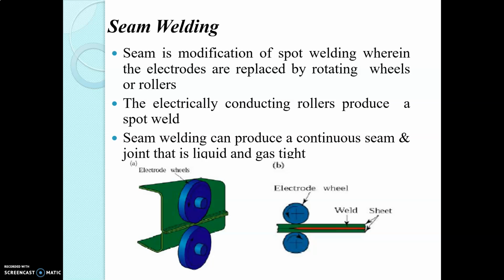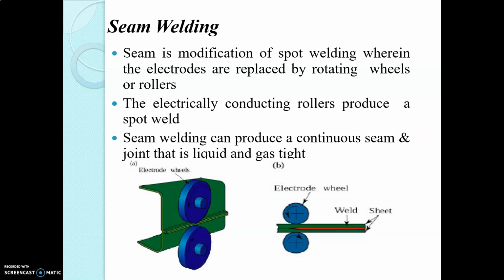The workpiece to be welded is passed between the rotating disc-shaped electrodes of copper alloy, which are in the form of rollers. See, you can see in the diagram, they are shown as rollers. These electrodes are not separated after each individual weld as in spot welding, but maintain a continuous pressure on the workpiece.